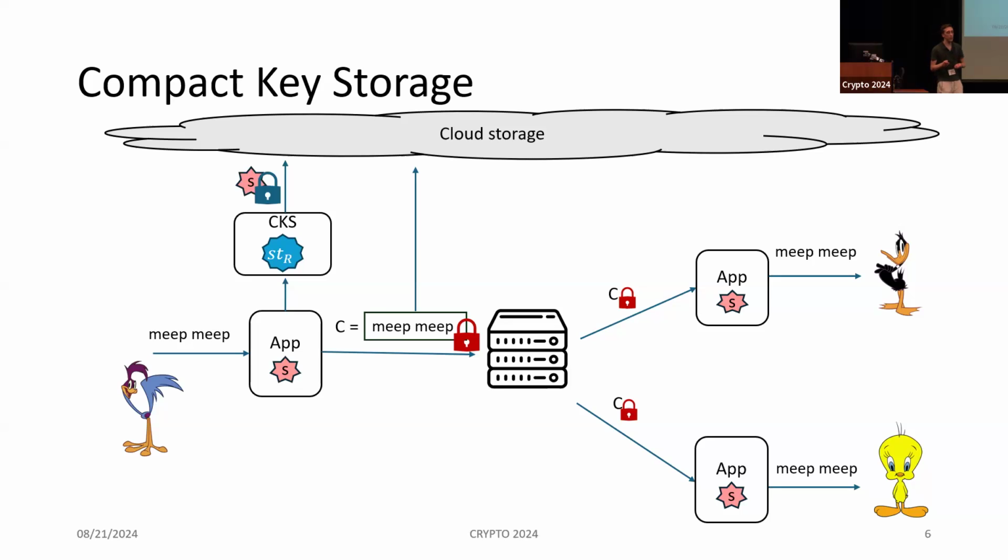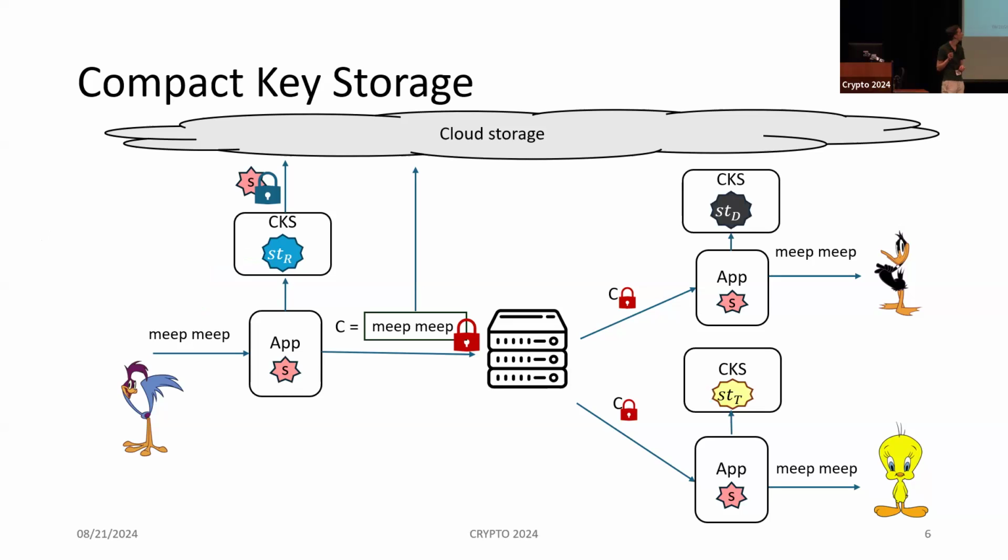Instead, let's say our backup scheme is no longer independent of the messaging app, but it actually now backs up the messaging secret, the secret that you would then later use to decrypt that ciphertext. To do that, our CKS protocol uses a compact state, and importantly, that state will evolve with each message so that we can actually provide post-compromise security and forward secrecy.